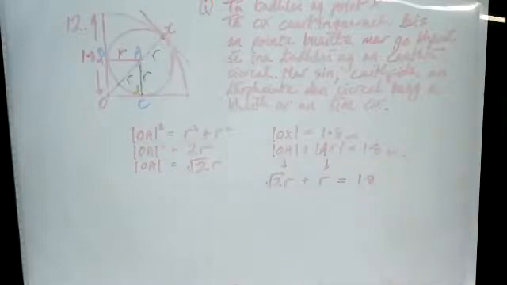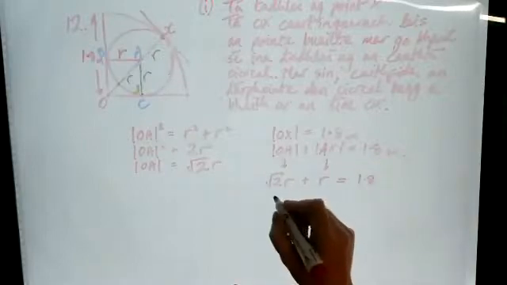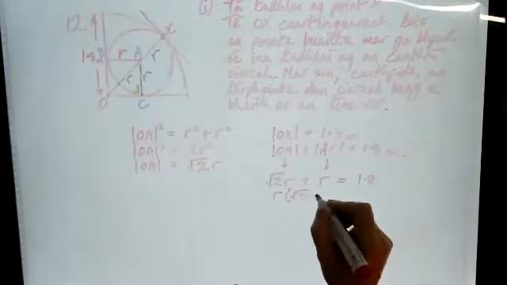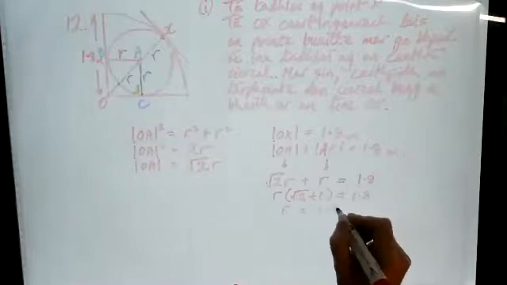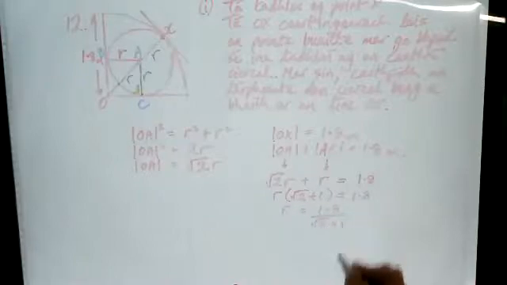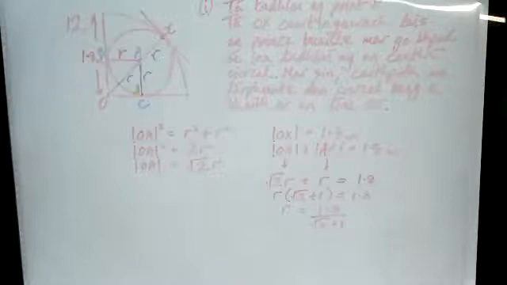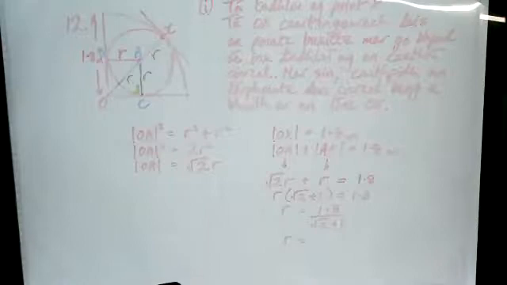We factorize: r bracket, the square root of 2 plus 1, equals 1.8. So r equals 1.8 divided by the square root of 2 plus 1. Using the calculator, that gives 0.7455.